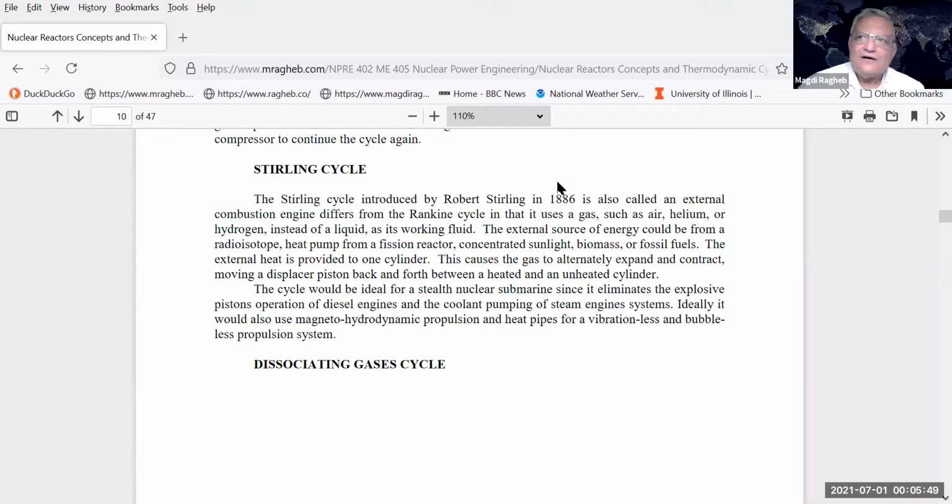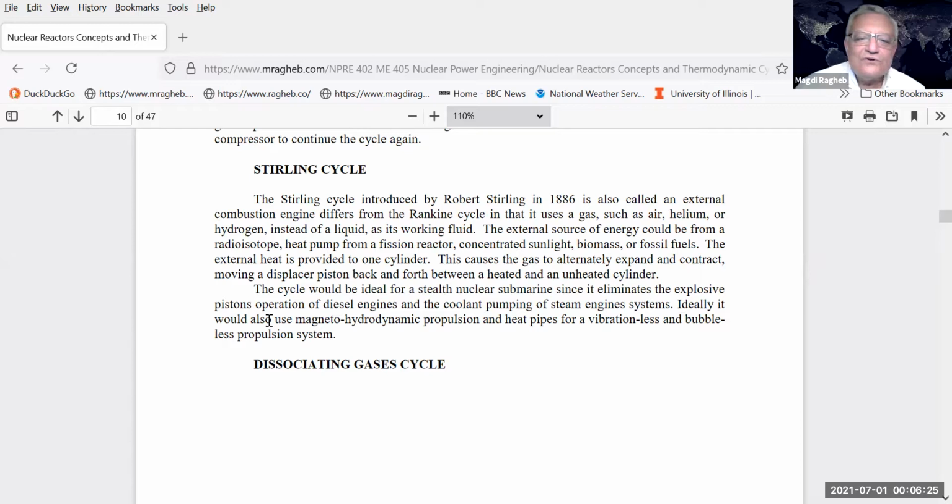So with solar, if you concentrate the solar radiation at a point, you can use it in an external heat engine, the Stirling cycle, and it can have theoretically an efficiency that is equal to the ideal Carnot cycle efficiency in the thermal cycle. So in that case, such a cycle would be ideal for a stealth nuclear submarine, since it eliminates the explosive piston operation of diesel engines and the coolant pumping of steam engine systems.